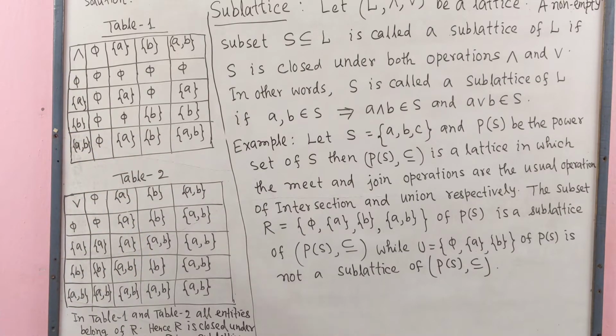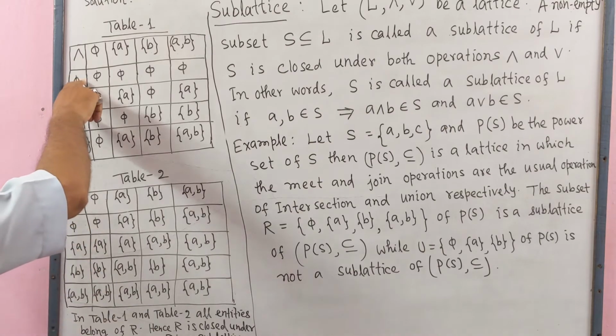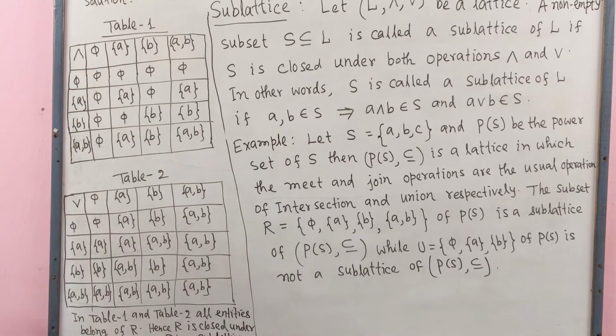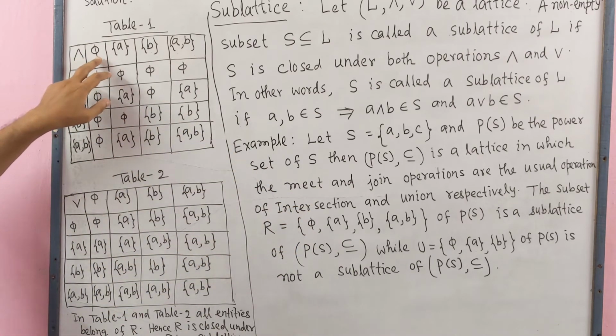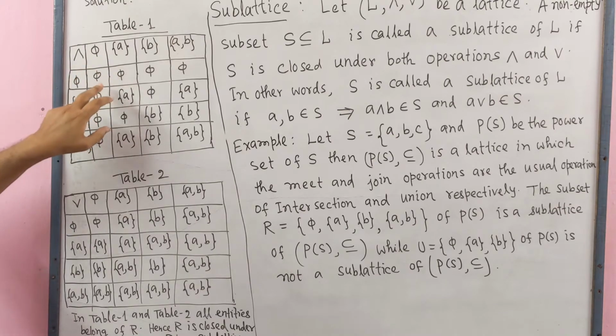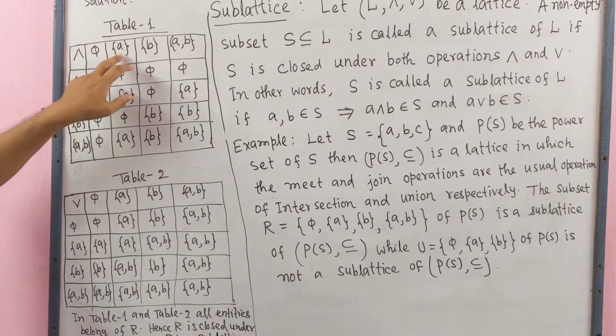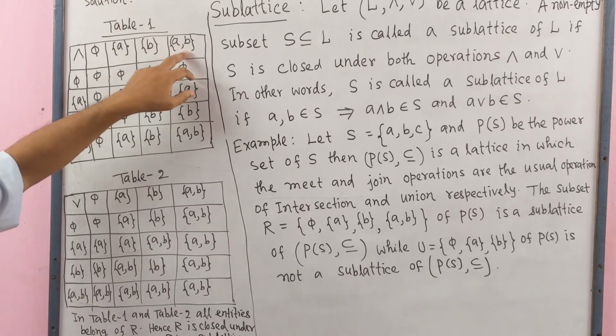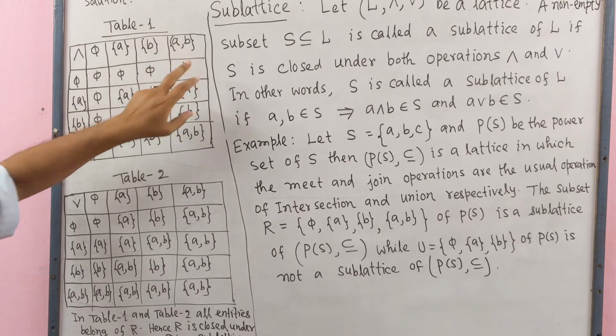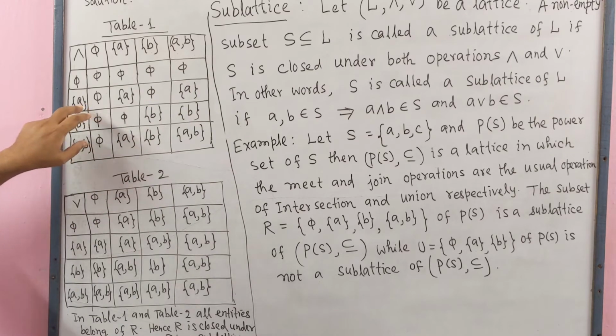Now we start the operation. Here meet means intersection. So phi meet phi means phi intersect phi equals phi; phi intersect {a}, phi intersect {b}, phi intersect {a, b} is phi. Similarly we may find the intersection of the elements.